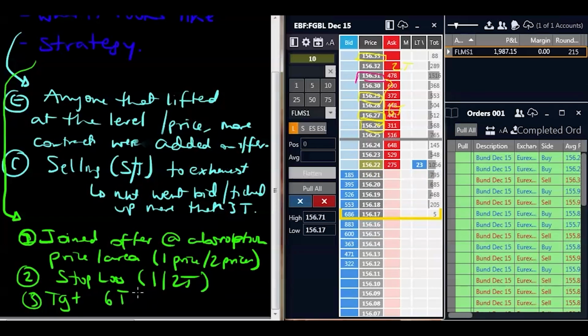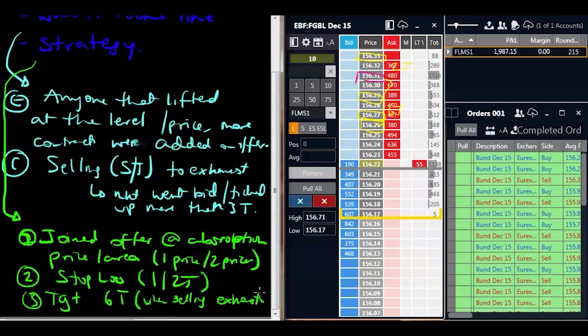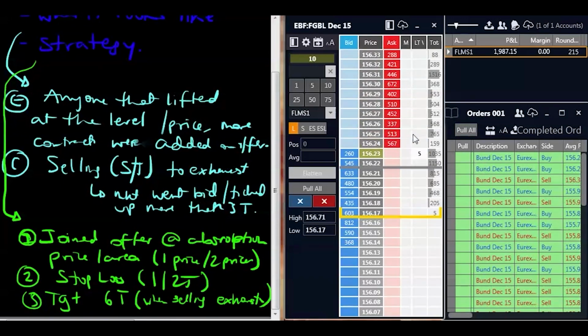But what we're looking for is, like we said, when selling exhausts. So that could be 6 ticks. It could be 10 ticks. As we can see here, we got out a little bit earlier. It seems like the selling continued even a further 9 ticks lower. But if you were looking for a very high probability scalp really quickly and out of the market, you could have just been looking for those quick 3, 4, 5, 6 ticks.